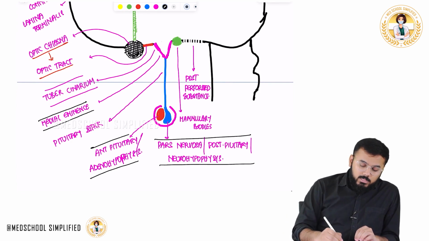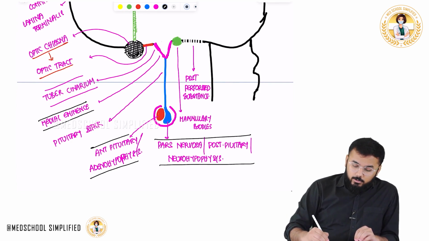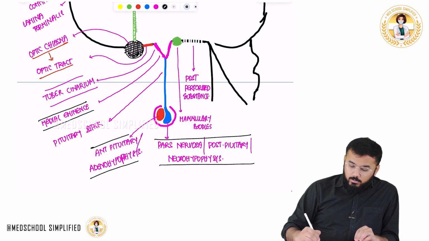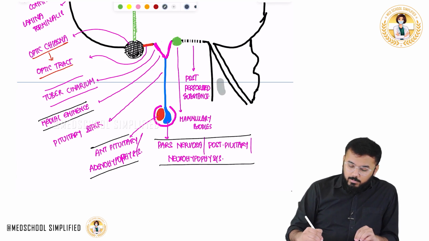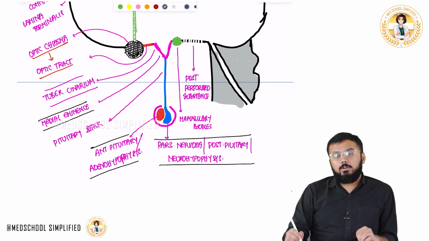Now within this midbrain, another important thing I want to tell you is that, let me make a cross mark over here. Okay. So this is your midbrain. Now within this midbrain you see a duct in the center of the midbrain.